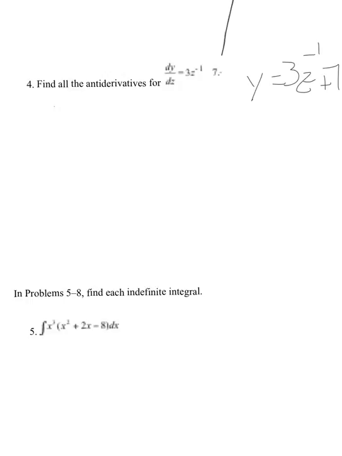So if we put the integral sign down, because that's what it's telling us we're going to need to do, I need to take this function that they've given us, which is 3 times z to the -1 power plus 7, and then we need a dz after it, because that's our variable of integration. All right? We are going to be integrating with respect to the variable z.